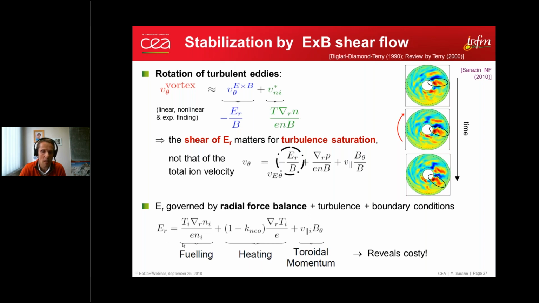And the radial force balance tells you that the radial electric field is set by the density gradient, the temperature gradient, and the parallel velocity as well.